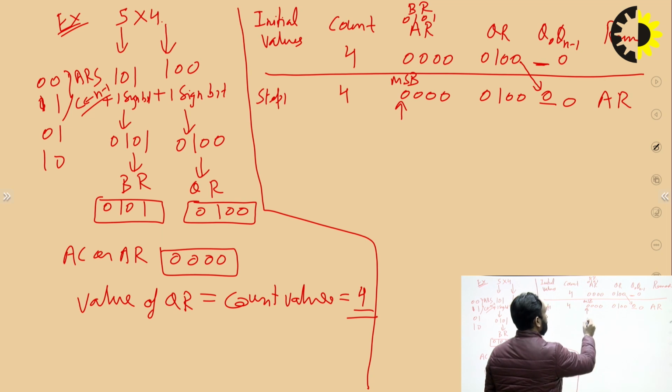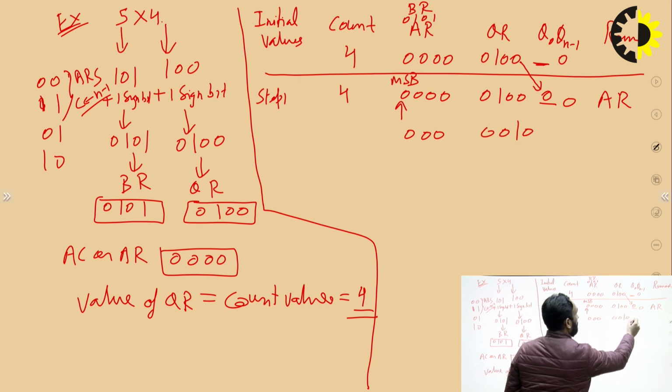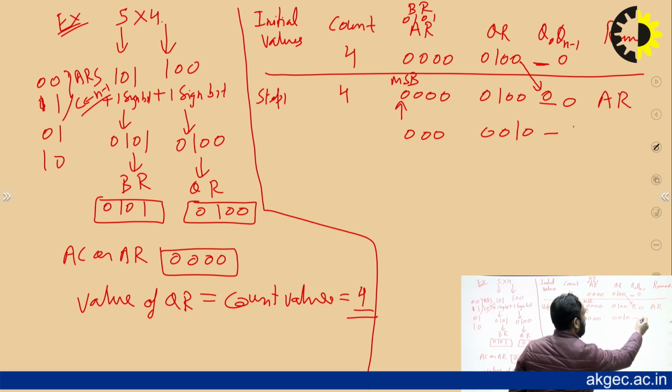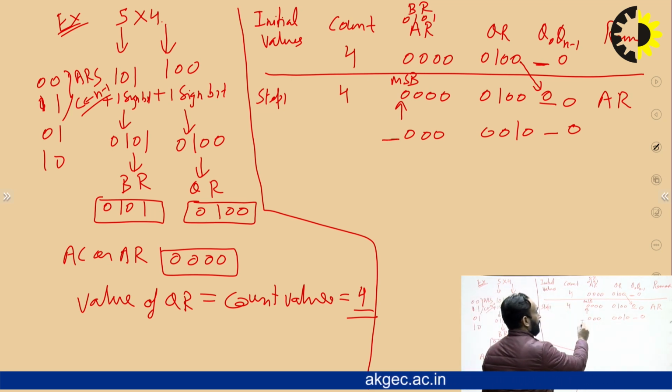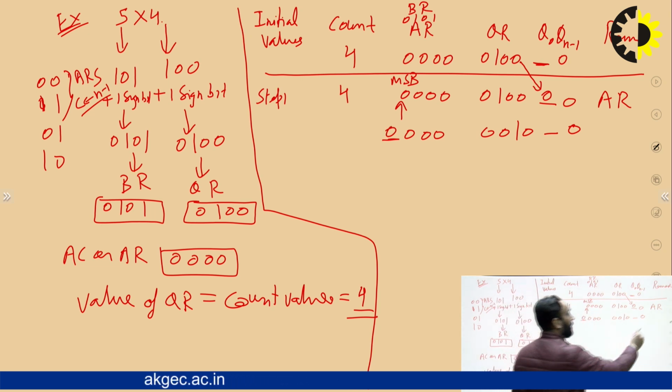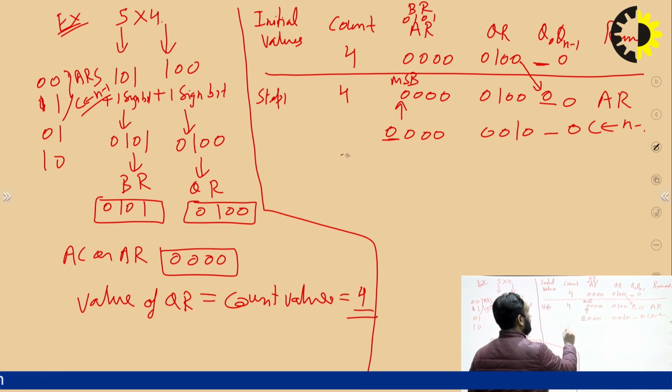Let's see, 0 0 0, this 0 moves there, 0 0 1 0 dash, and this 0 will be removed. Here it is vacant, so we will generate MSB bit 0. Make the count value 1 lower, the count value here is 3.